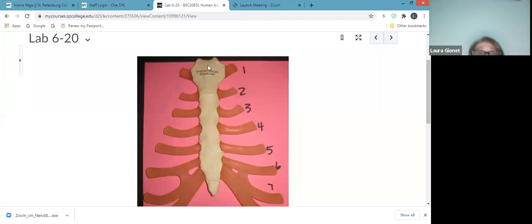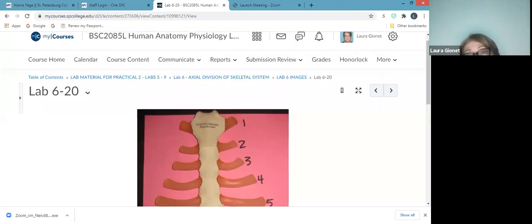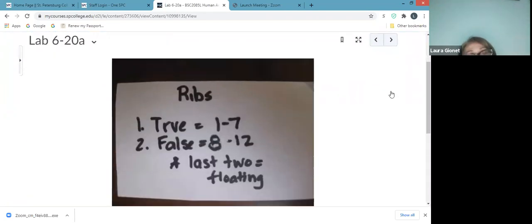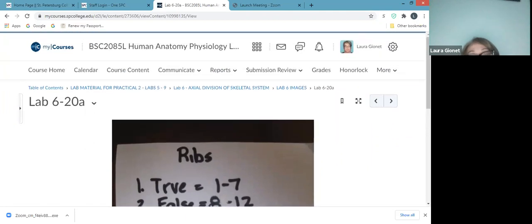So I generally use some kind of a whole thoracic ribs and costal cartilage and sternum model to indicate that. So the first 7 ribs are your true ribs, and then the remaining below that are false ribs, and then rib pairs 11 and 12, the bottom 2, are free floating.